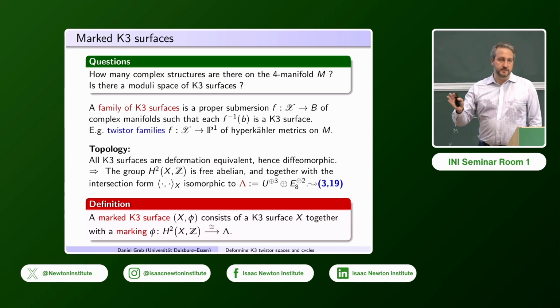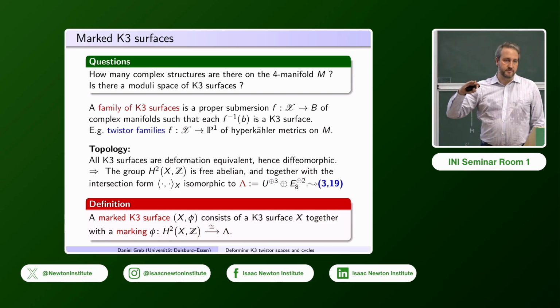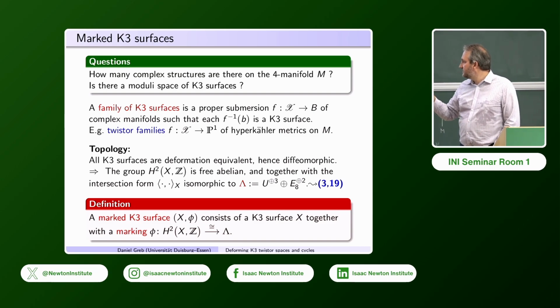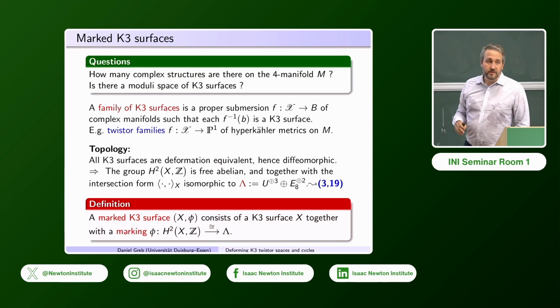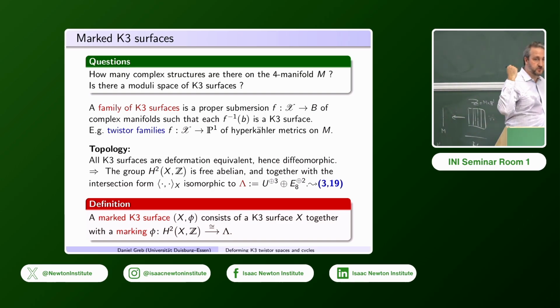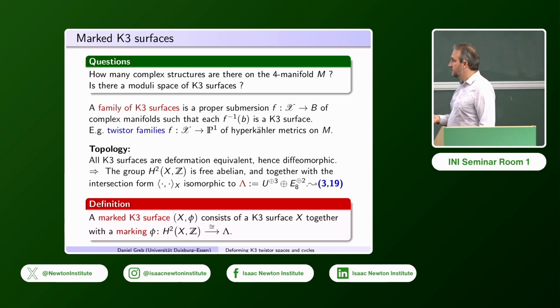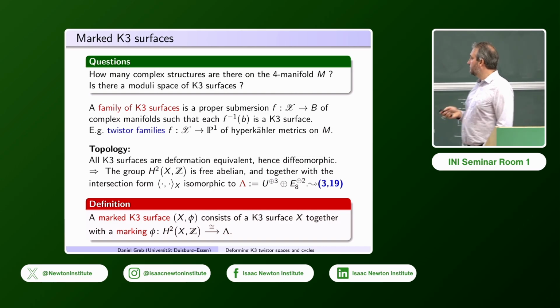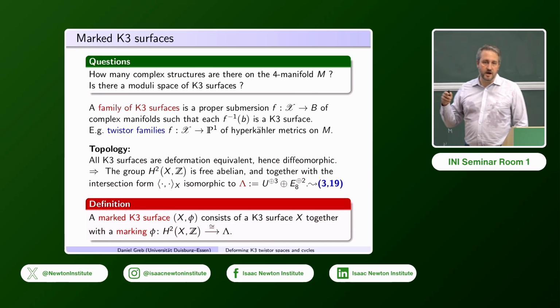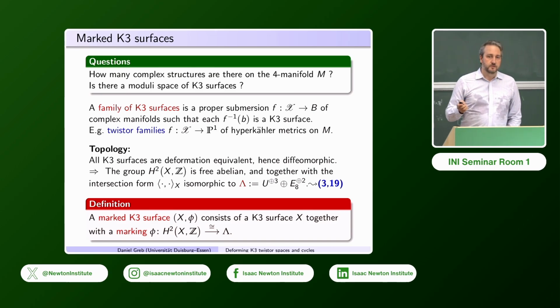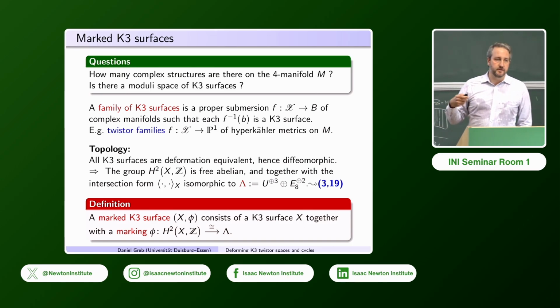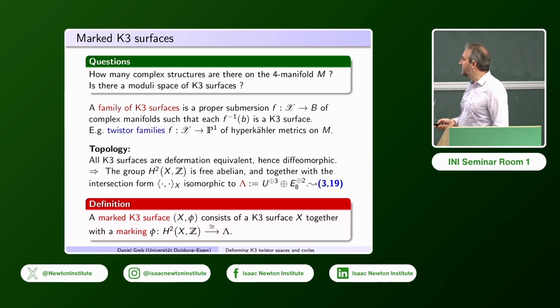Given an X, you mark it; you can write a diffeomorphism to this M, but the only thing I will remember is the induced isomorphism on the topological level. Together, this gives a marked K3 surface. And why do I do this? Because now I can use Hodge theory to write down something very explicit, and in the end it will be projective geometry inside some specific projective space.